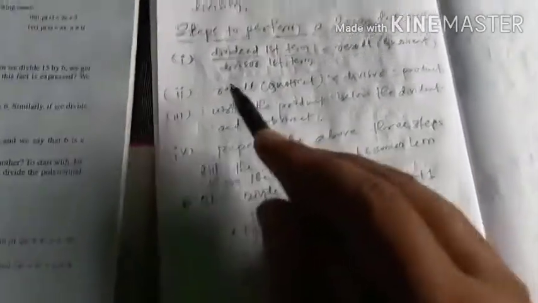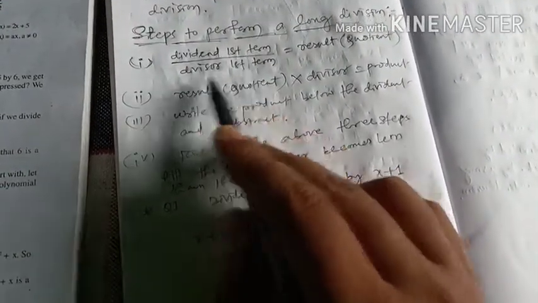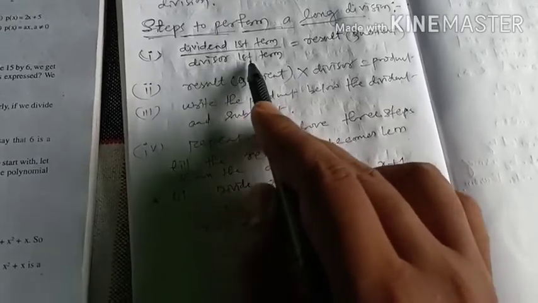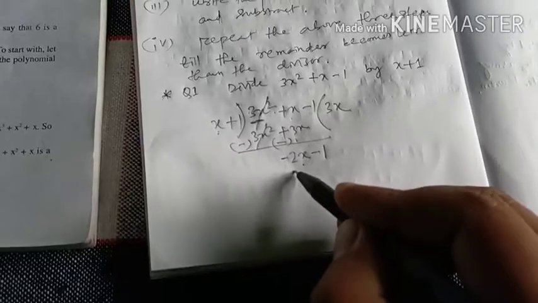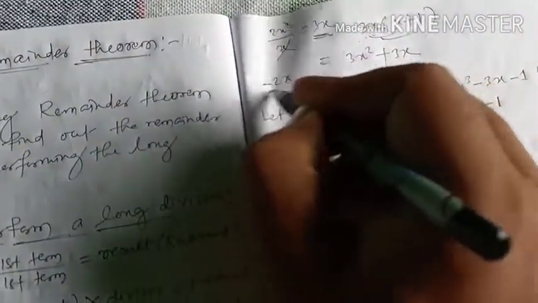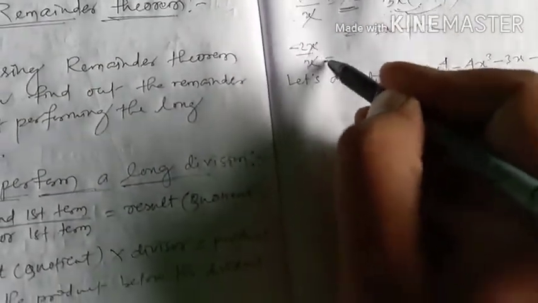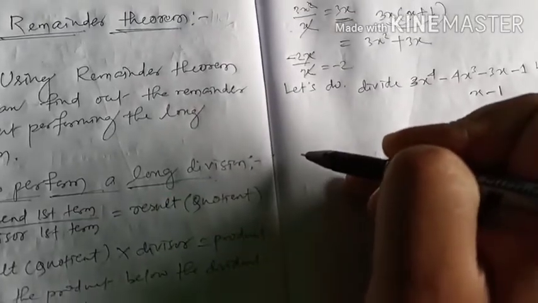We repeat the same step: divide the first term of the dividend, minus 2x, by the first term of the divisor, that is x. Here x and x cancel, so we get minus 2.